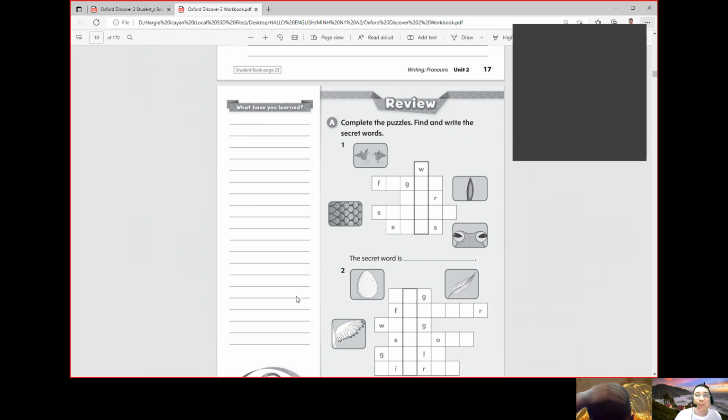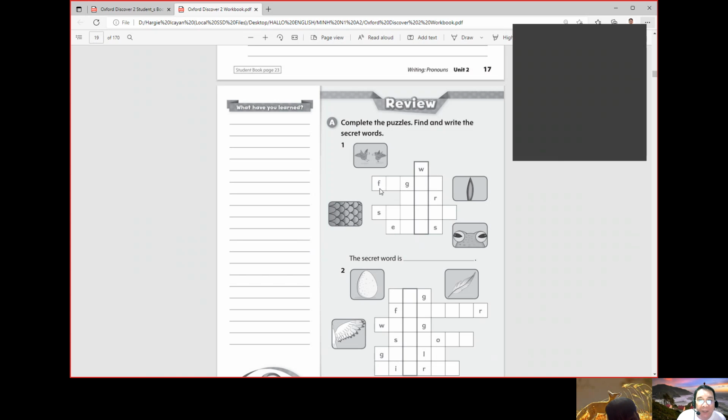Min, complete the puzzles, find and write the secret words. So what do you think would be this one? Where are we going to start? From letter F going there, across or down? Either, you may choose.